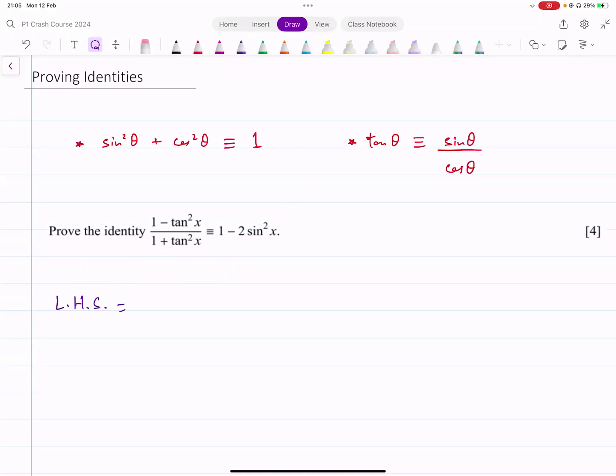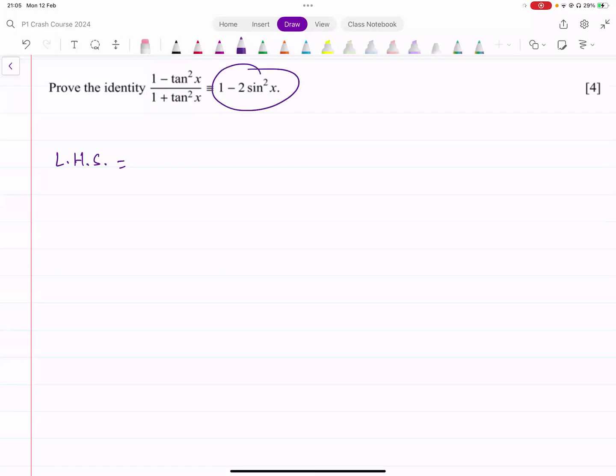This is the left-hand side, and this is the right-hand side. Start from, let's say, the left-hand side and prove that this can be converted to this side. Okay, that's the idea. We start from this side, 1 minus tan square x divided by 1 plus tan square x. And we want to change it to a form such that it becomes this.